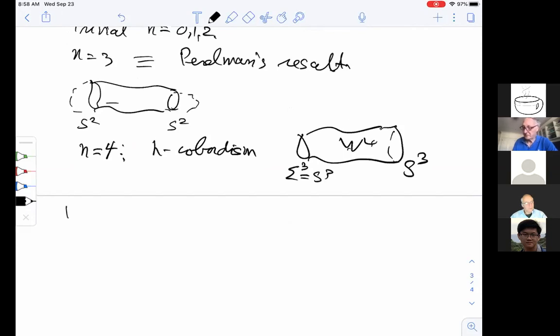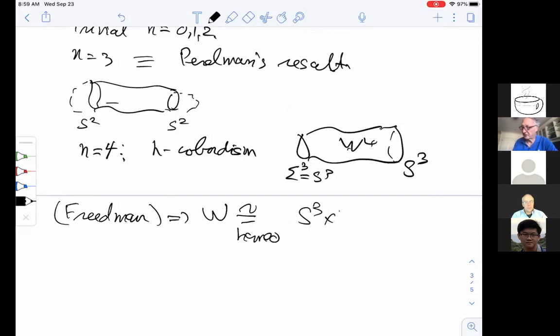Freedman's result that I alluded to before implies that W is homeomorphic to S3 cross I.